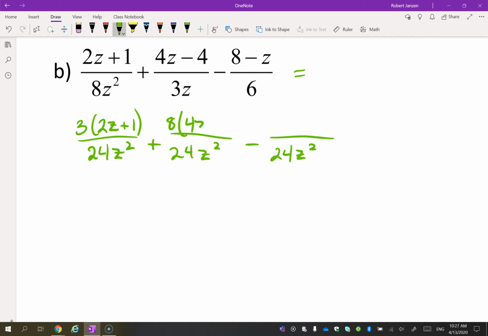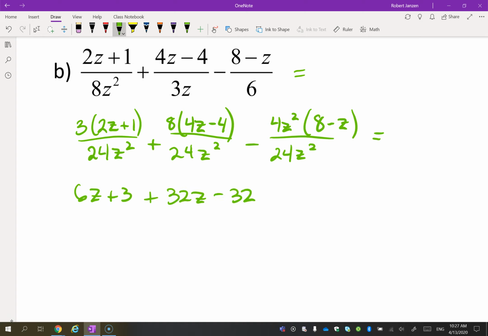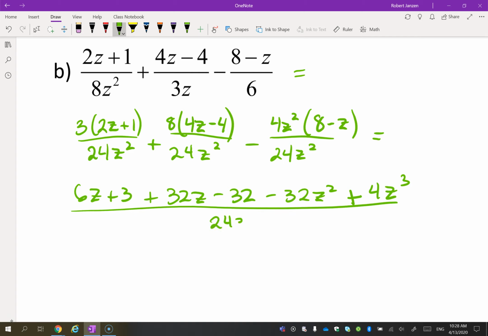If you can do 8 times 4z minus 4 in your head, that's fine. So I get 6z plus 3 plus 32z minus 32 minus 32z squared plus 4z cubed all over 24z squared.